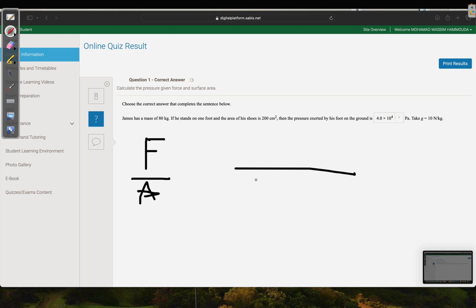Okay, and now the force, which we know is weight, we can do by doing mass times gravity. So we can simply do 80 times 10, which is 800. And then after we do 800 over 0.02, we get that the pressure is 40,000.